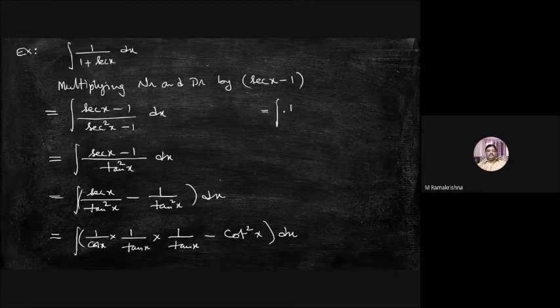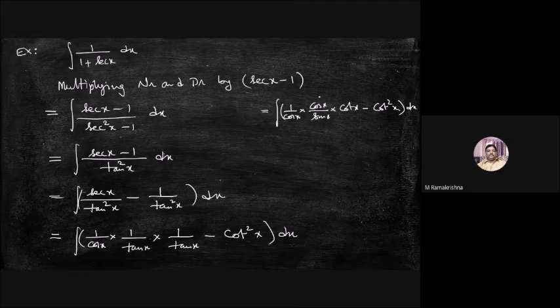So if I write that, integration of 1 by cos x into cos x by sin x into 1 by tan x can be written as cot x, minus cot square x dx.